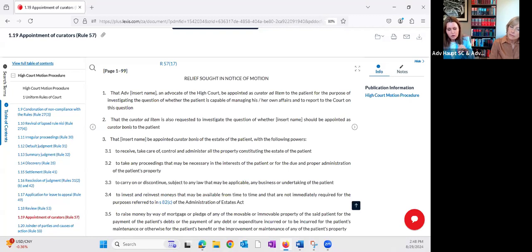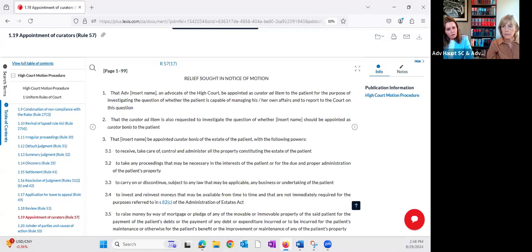Then you're going to follow Rule 57, and you're going to ask at your first appearance, for instance, for Prayer 1, that the curator ad litem be appointed, and Prayer 2, that the curator ad litem be requested to investigate the question whether the patient should be declared incapable of managing their own affairs, and then obviously the appointment of a curator bonus. Then you're going to request the court to postpone the remainder of the prayers sine die.